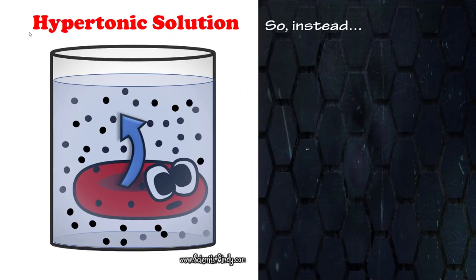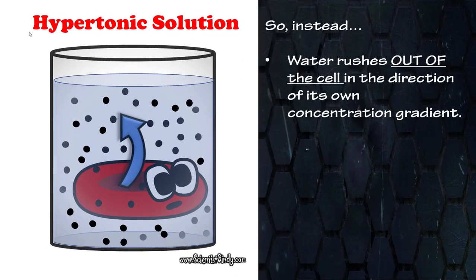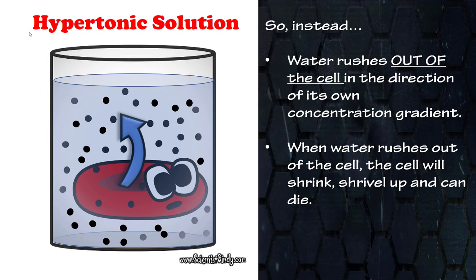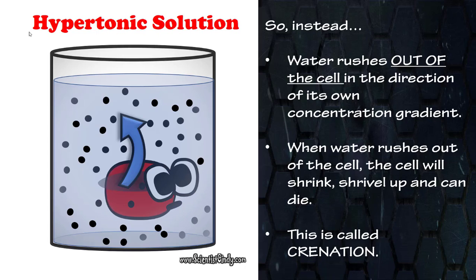So instead, water rushes out of the cell in the direction of its own concentration gradient. When water rushes out, the cell will shrink, shrivel up, and can die. This is called crenation.